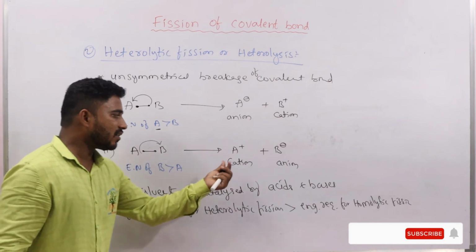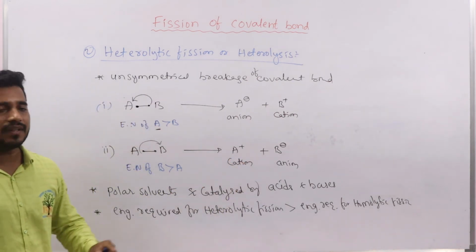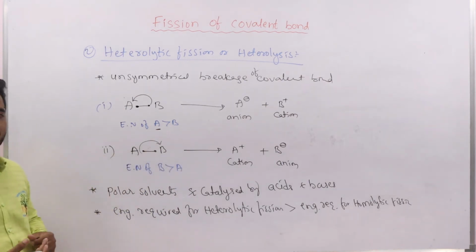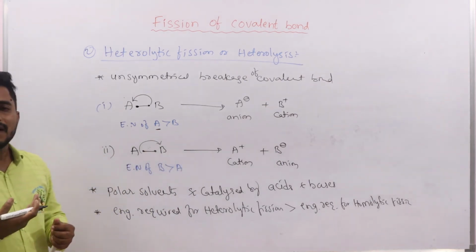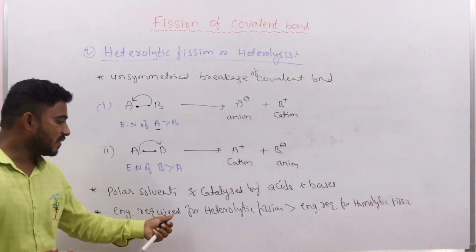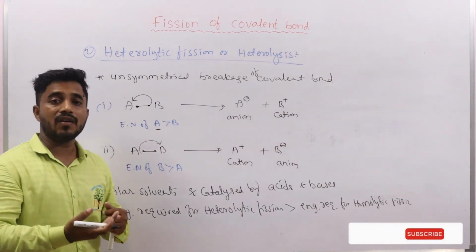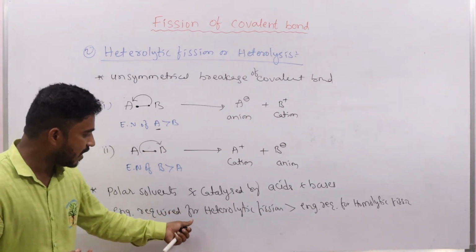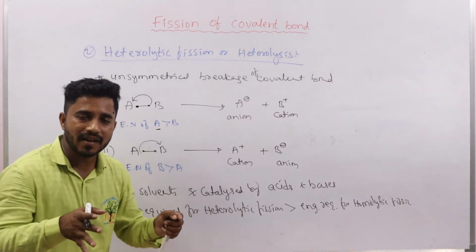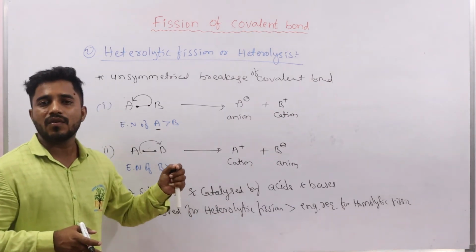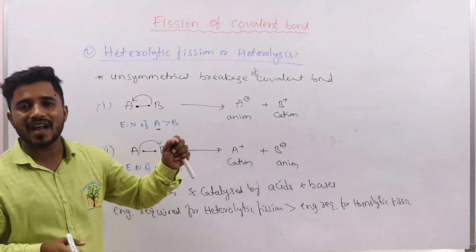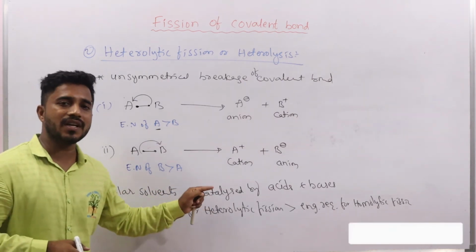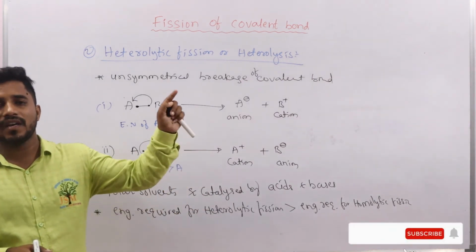Due to that, the electrostatic interactions between these ions are strong, and when the electrostatic interaction is more, the strength of the bond is more. That's why the energy required for heterolytic fission is more, because the ions show more electrostatic interactions.